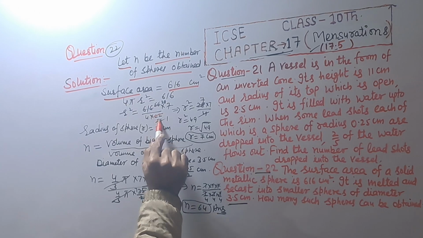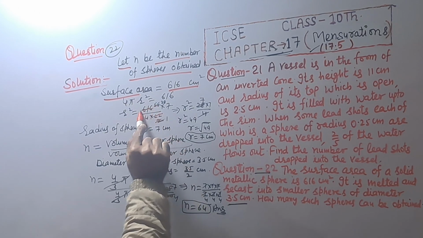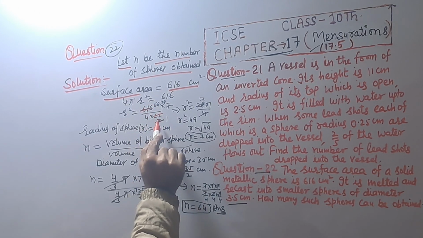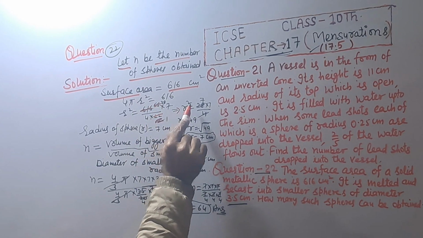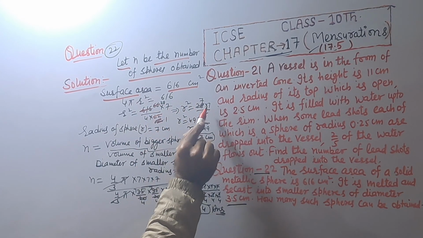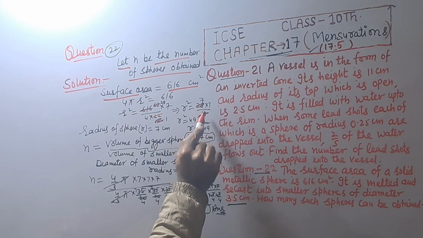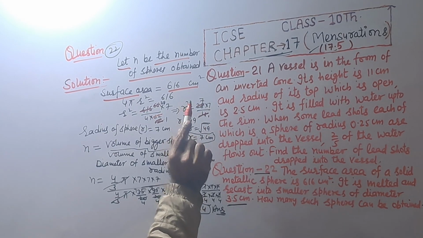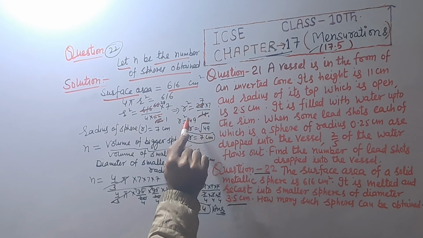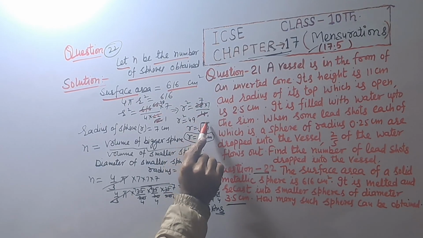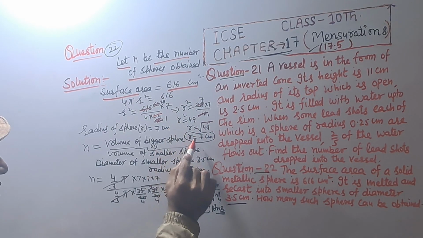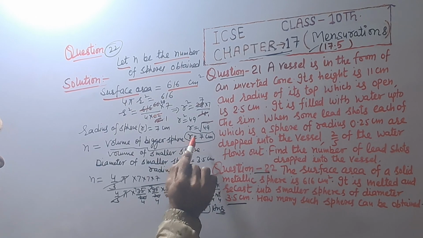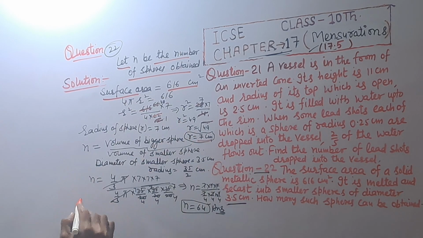So 11 2s are 22 and 11 56 are 616. 2 1s are 2 and 28 2s are 56. R square is equal to 28 into 7 upon 4. 7 4s are 28. 7 7s are 49. R square is root 49. Then we get radius of bigger sphere is equal to 7 centimeter.